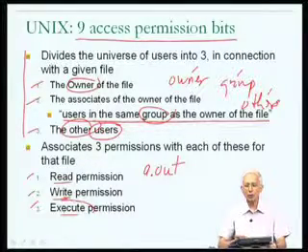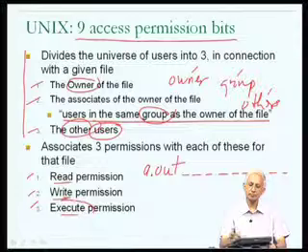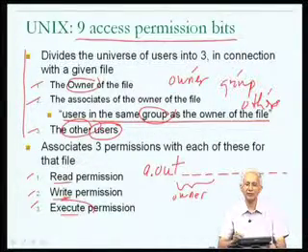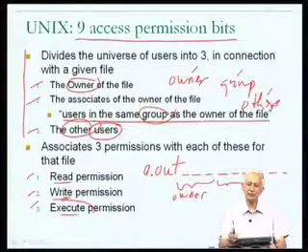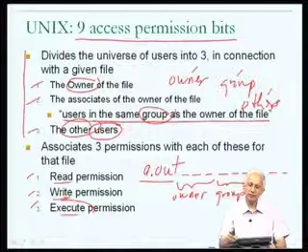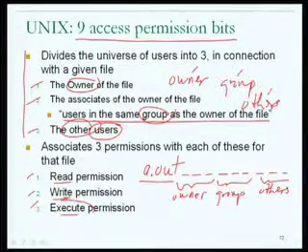So when we put all this together, we figure out that what Unix or Linux is doing is that associated with any one file, it is maintaining 9 bits of information. 3 of the bits of information relate to the permissions or the operations that the owner of the file can do on the file. 3 of the bits of information relate to the operations that the same group as the owner can do on that particular file, and the last 3 bits of information relate to the kinds of operations that any other user on the system could do to that particular file.